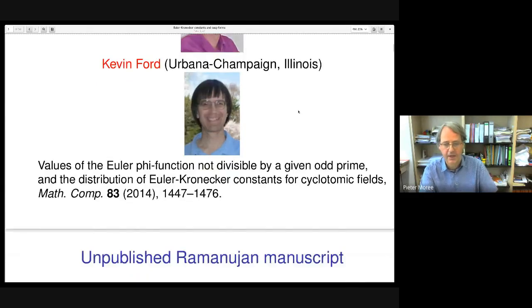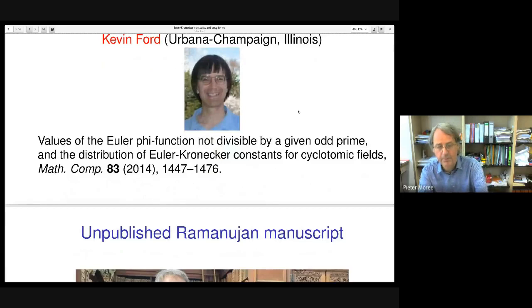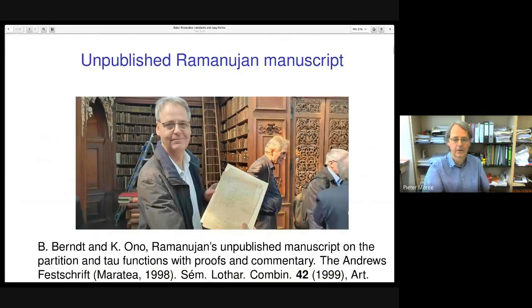And the other thing is an unpublished manuscript of Ramanujan. Here you see me in the library of Trinity College, where I'm holding this unpublished manuscript. We had a meeting of mathematical institutes, and I was representing Faltings, and we got to see various treasures in the library of Trinity College. Some were books of Newton.